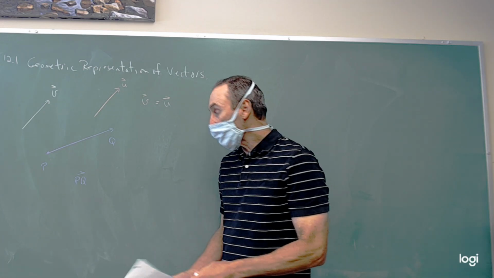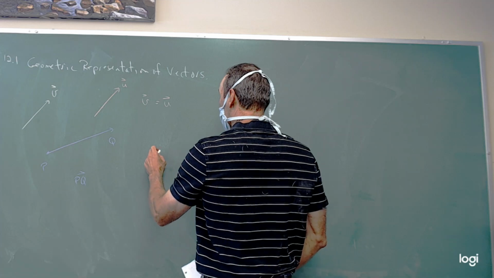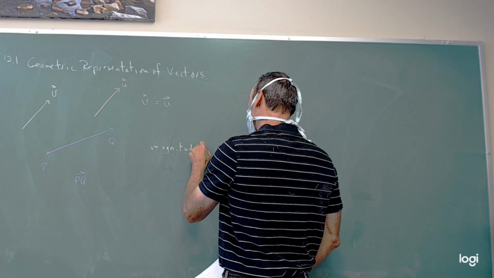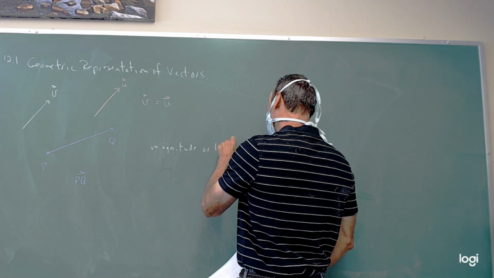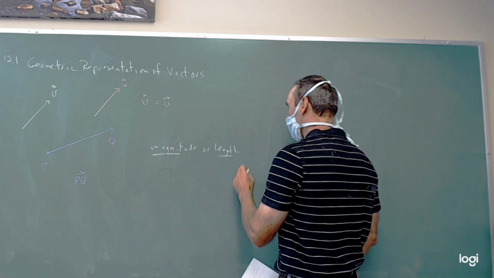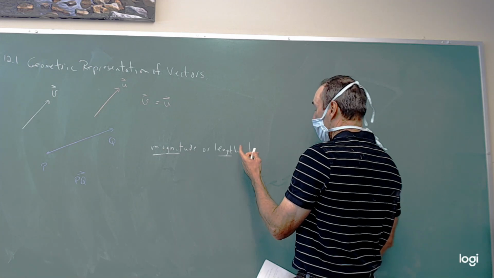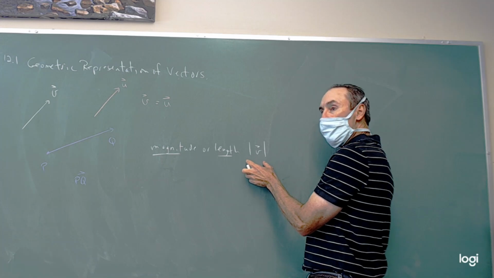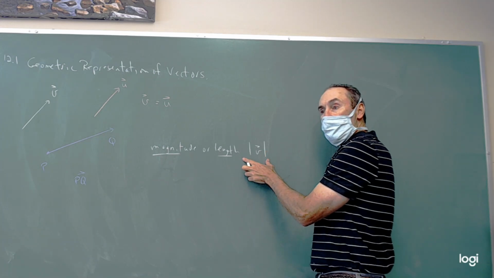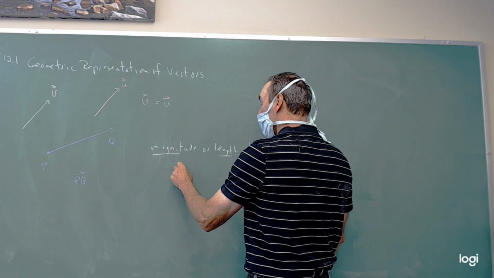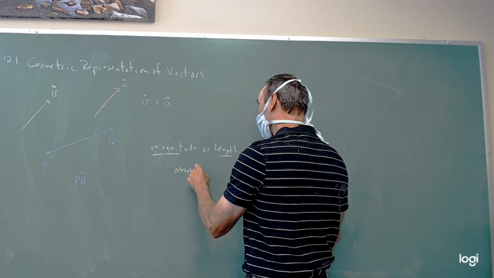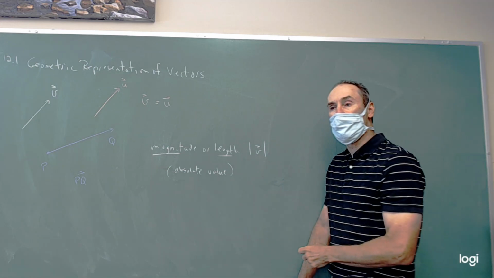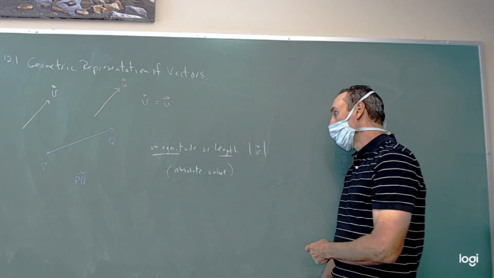And so we represent this. We call the magnitude or length of a vector represented, it depends on which book you use. Some books, like ours, are going to use just a single bar, which is also the absolute value sign, and it can also be referred to as the absolute value.